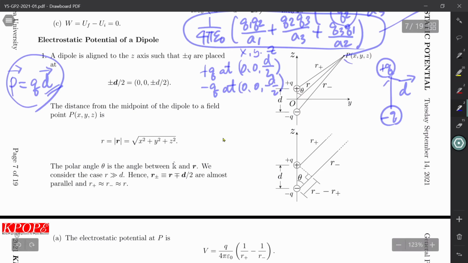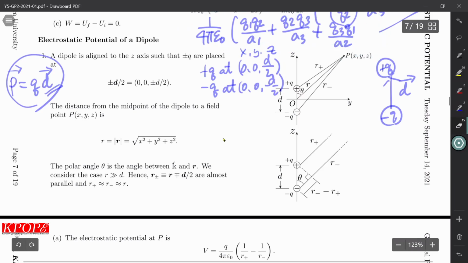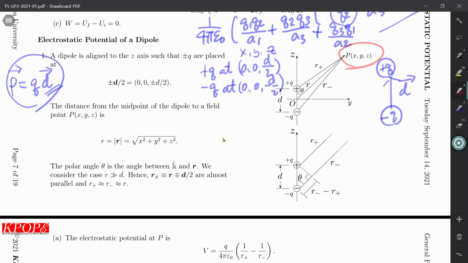And we choose a field point here at x, y, z in general. Then the electrostatic potential at this point is, for plus charge Q, 1 over 4 pi epsilon 0 Q over R plus.